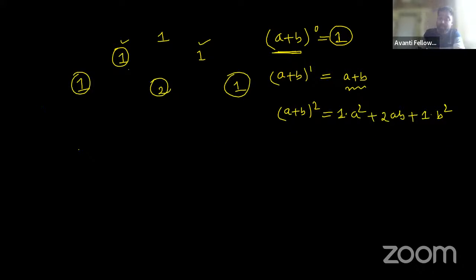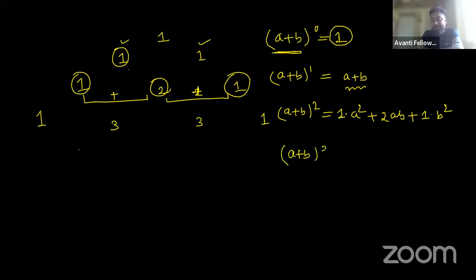Similarly, we can process further. Write 1 here, and again write 1 here, right? Then add 1 plus 2, and write here 3. Add these two terms and write here 3. Now you know the formula for a plus b to the power 3, yes or no?